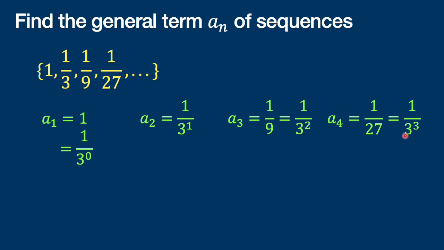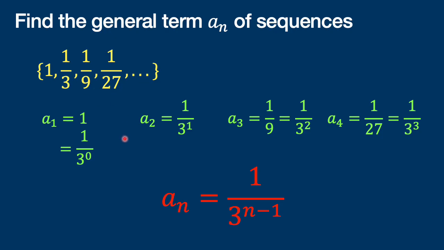A4 is 1 over 3 cubed. Can you find the pattern? For 1, the power is 0, for 2 the power is 1, for 3 the power is 2, for 4 the power is 3. So you find that AN is going to be 1 over 3 to the power decreasing by 1. Here it is N, 3 to the n minus 1. That's the general term of this sequence.